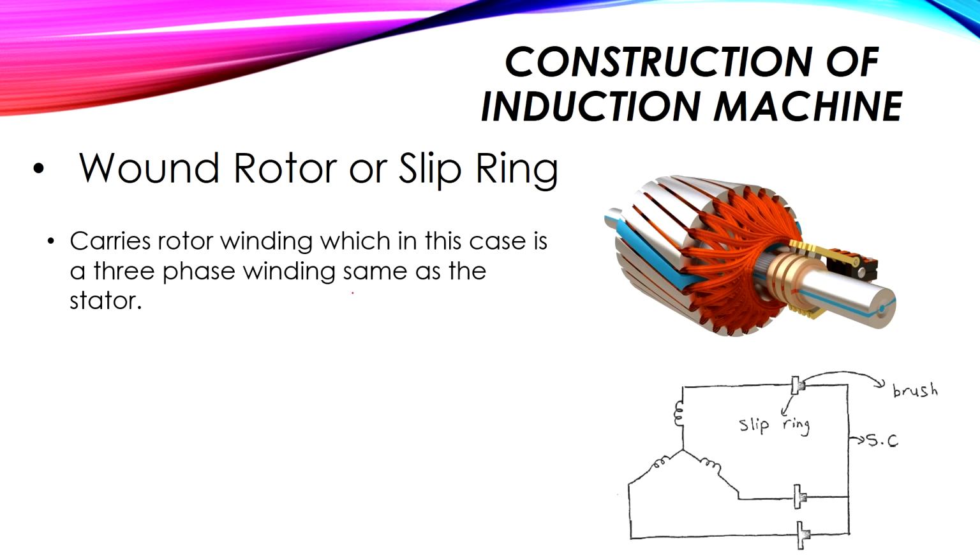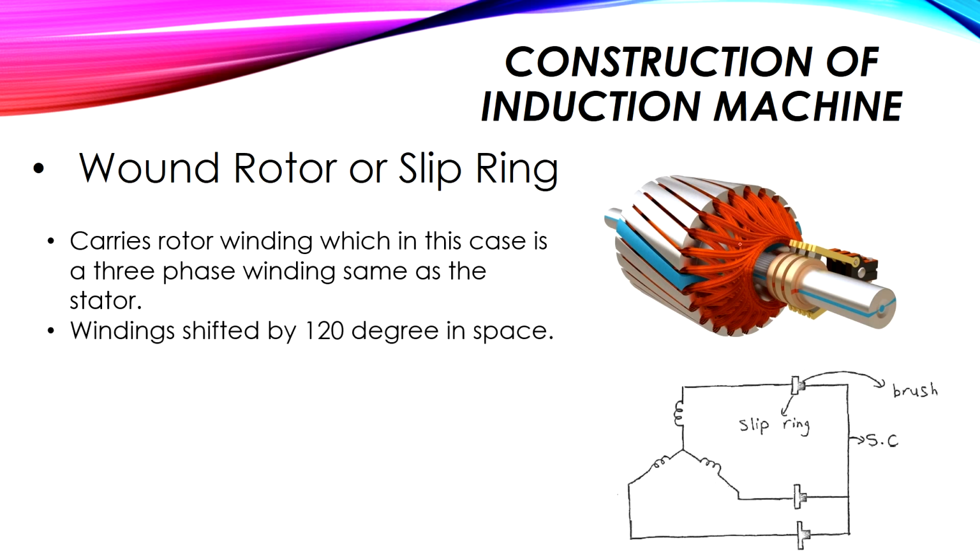Okay, so in the induction machine, the stator has a 3-phase winding, shifted by 120 degrees in space, and the input supply is also shifted by 120 degrees electrical. So it has two characteristics. The first thing is that the stator winding is shifted by 120 degrees in space, or mechanically, and 120 degrees electrical according to the supply.